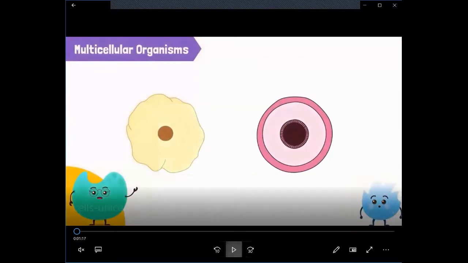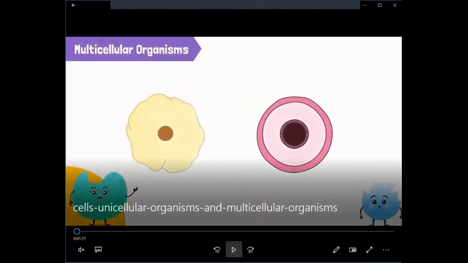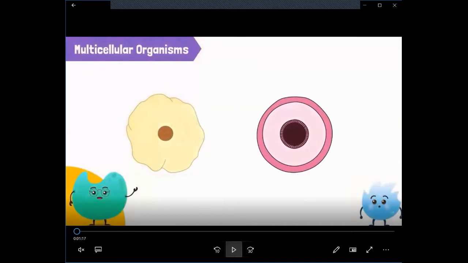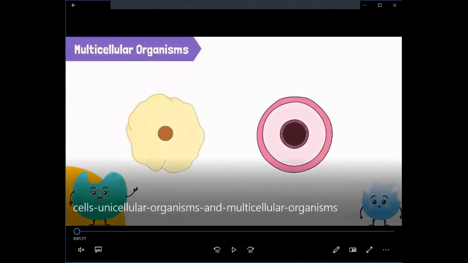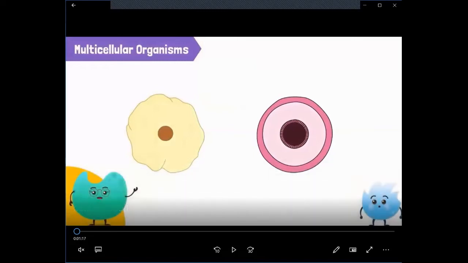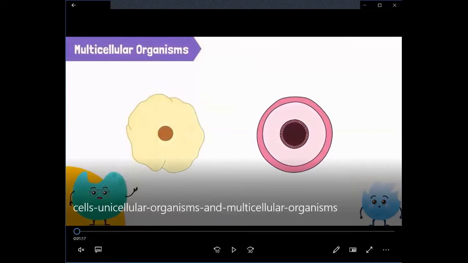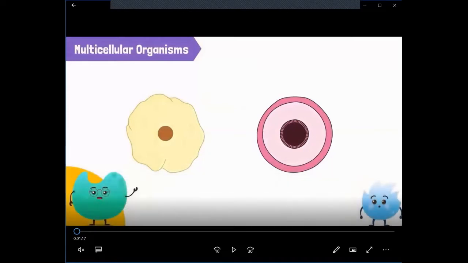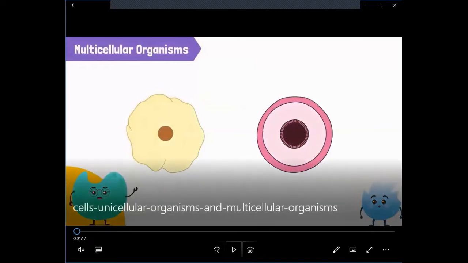There are also different types of cells, and different types have different functions. Many cells of the same type come together to perform the same functions. The yellow color that you can see is a cell that we can find in our nose. The red circle on the screen is the cell that we can see in our tongue.